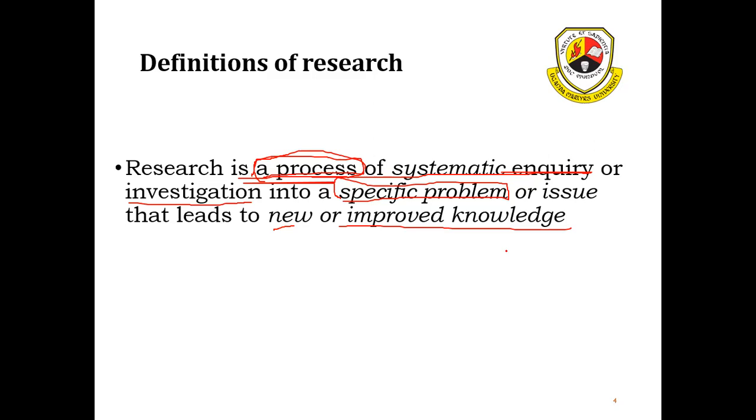I was saying that research is about something which is already in existence or aimed at improving what is already in existence, but it is done systematically. What do we mean by it being done systematically?